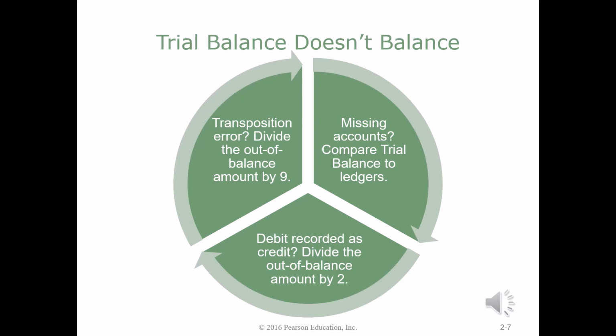Second, check and see how much you are off and whether that difference is divisible by 2. If it is, it could be that you've recorded a debit as a credit or vice versa. And then finally, if the error is divisible by 9, it could be that you've had a transposition error. That means that you've transposed the numbers and maybe recorded 330 as 303.